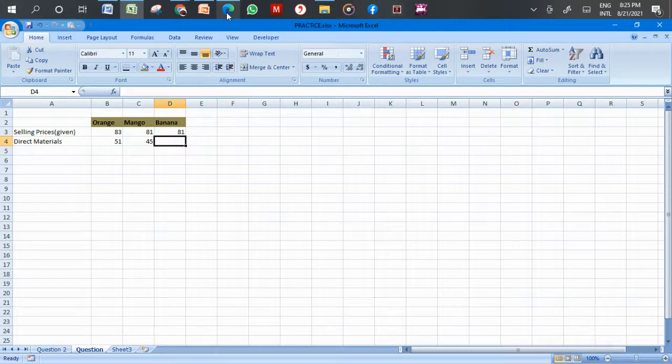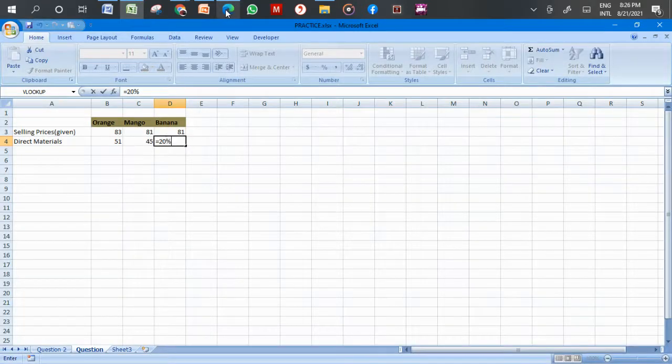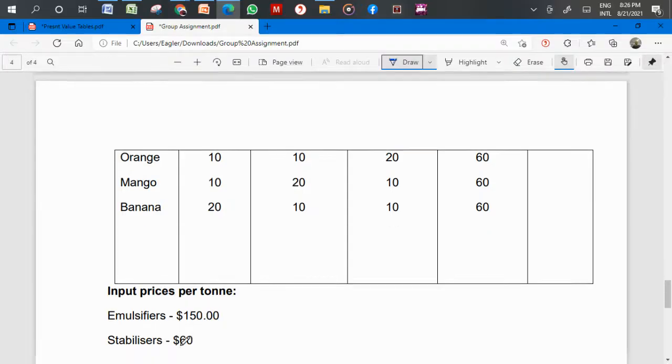So 45 here. Let's do the final one. How many percent do we have of 20, 10, 10, 60? So we have 20% of 150 plus 10% of 60 plus 10% of 120 plus 60% of 10. So that is our direct materials.